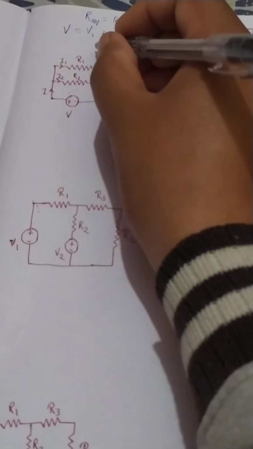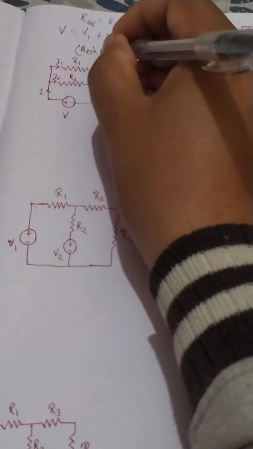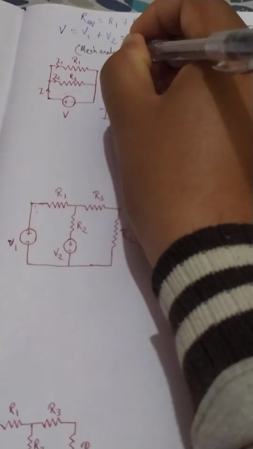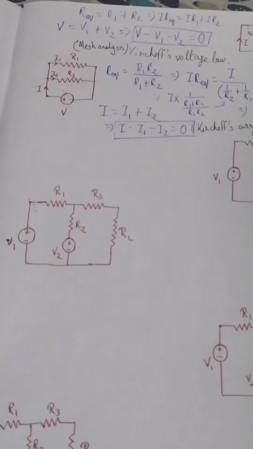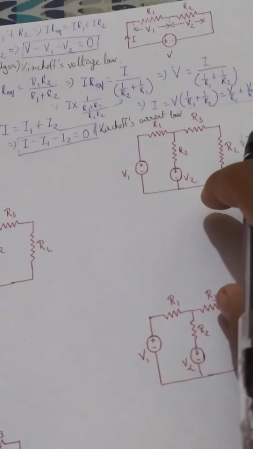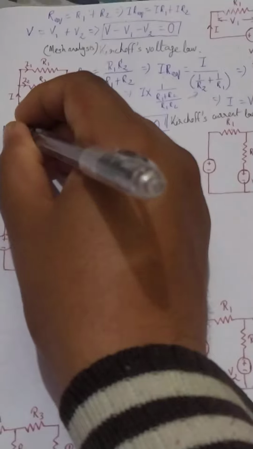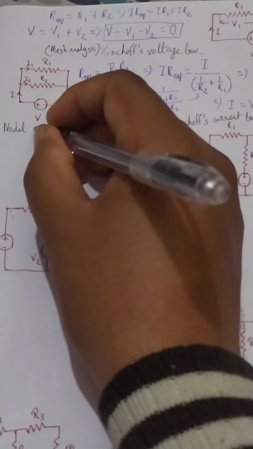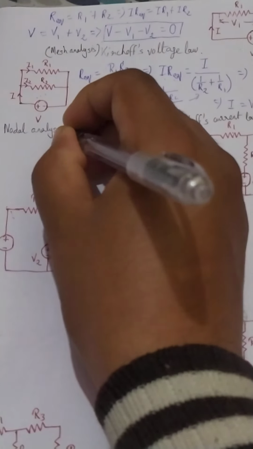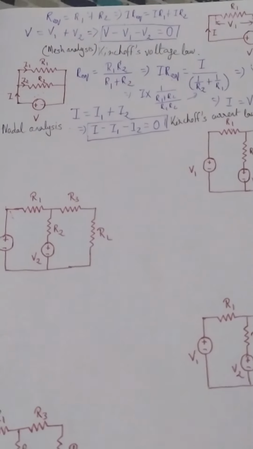KVL is also called mesh or loop analysis, because it is applied in a particular mesh or loop. And Kirchhoff's current law is also called nodal analysis, because we are applying it at a particular node.